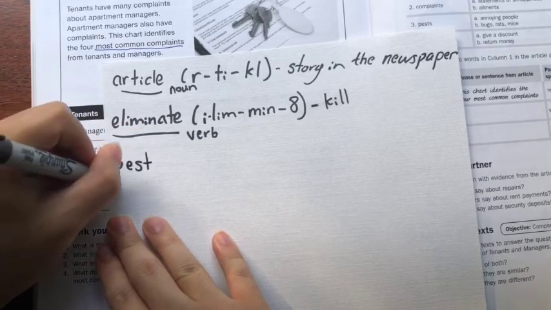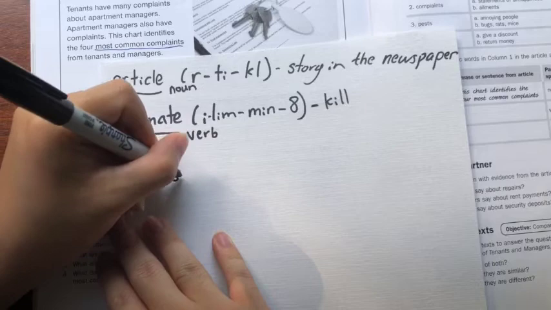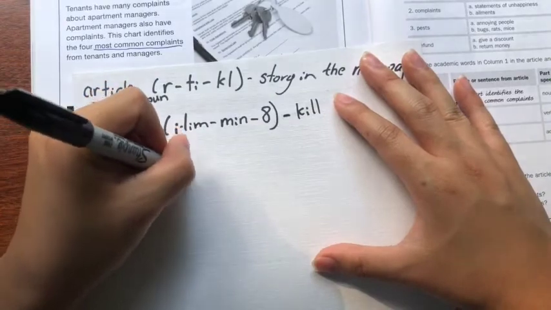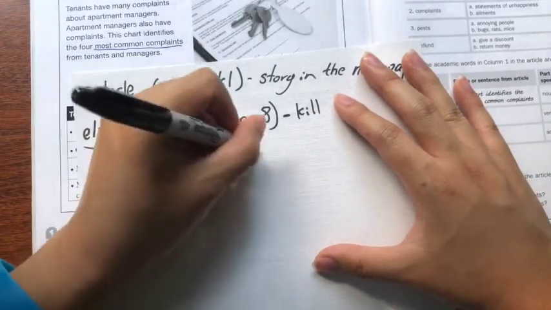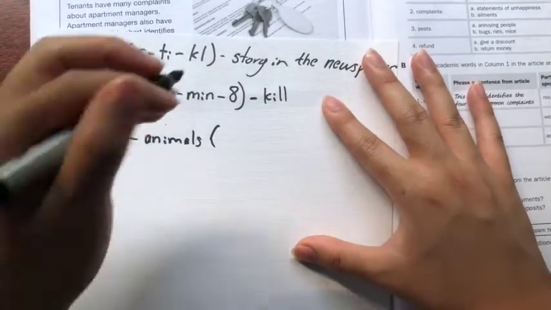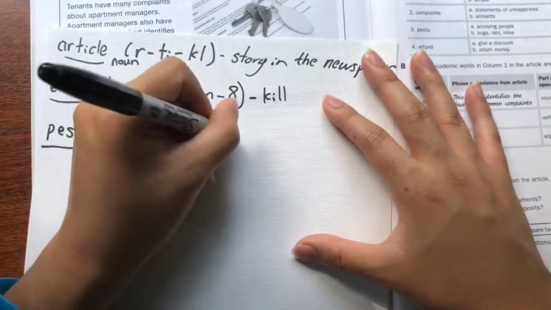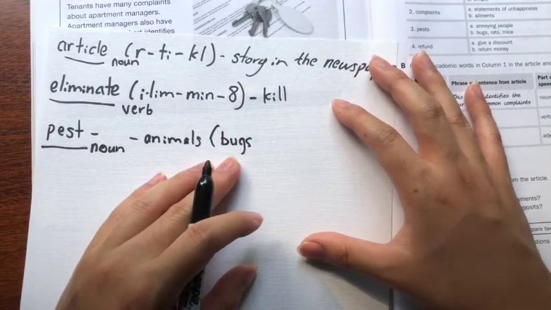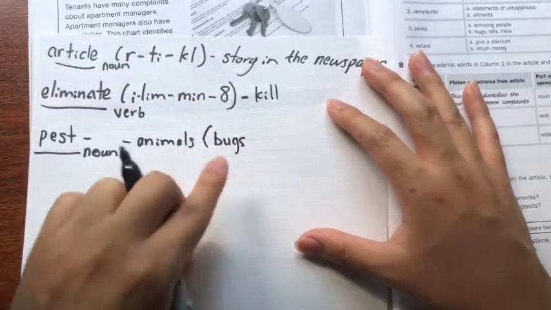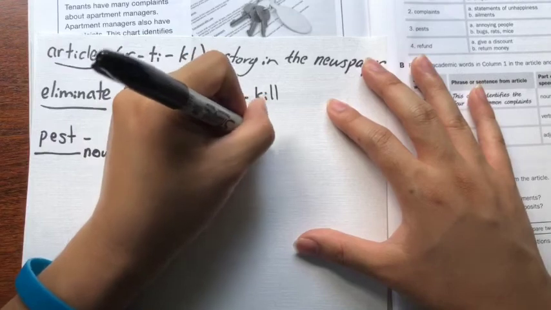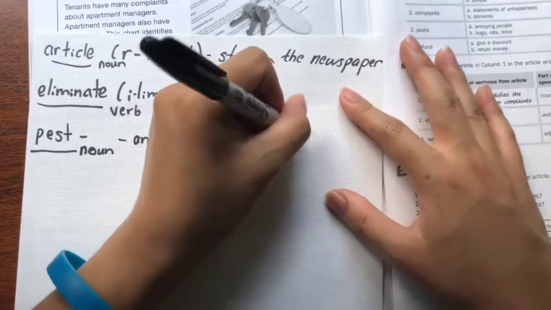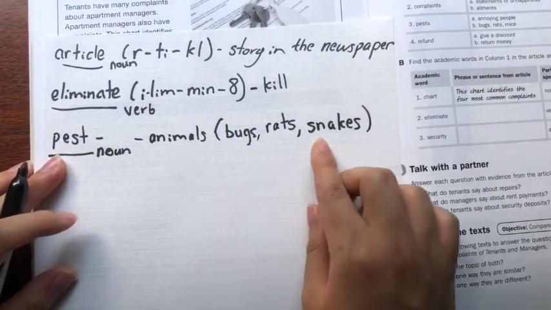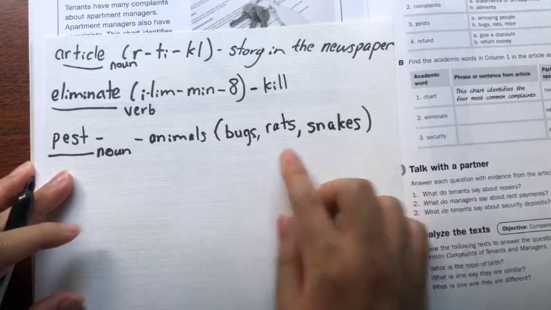Pest. Pest is a noun. What does pest mean? Pests are animals. But specifically, these pests are animals like bugs, insects, so ants, spiders, bees, flies, mosquitoes. These are bugs, rats or mice, snakes. So pests are animals that cause problems in the house, the kind of animals we don't want in a house.